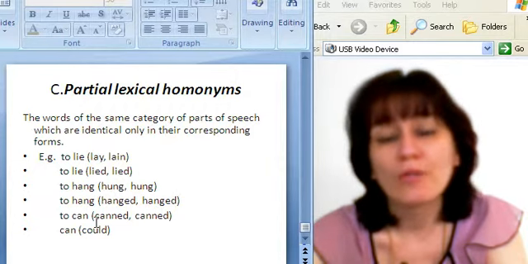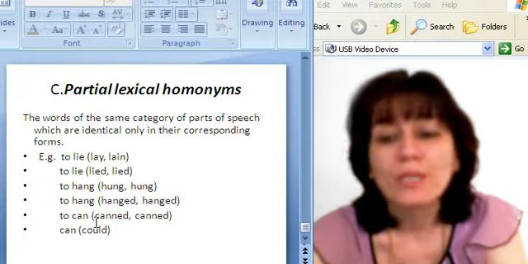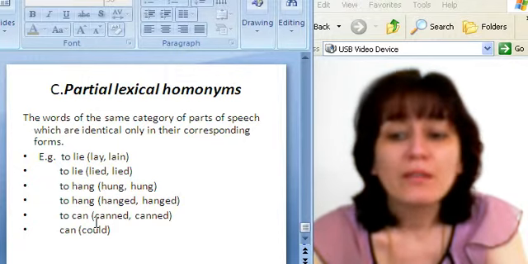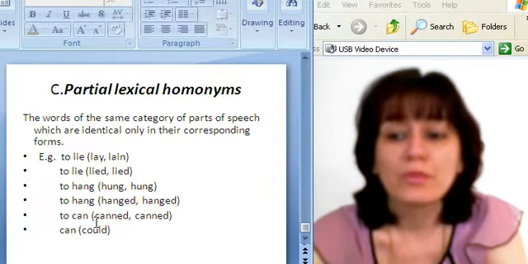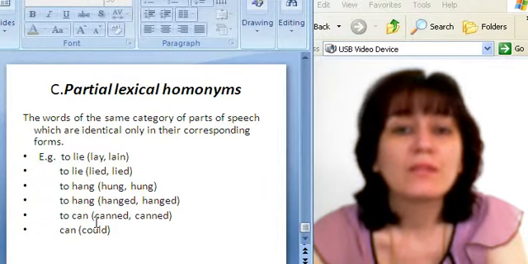So to can and can. Can, canned, means to preserve food by putting it in a can, and can or could is a modal verb. So these are examples of partial lexical homonyms.